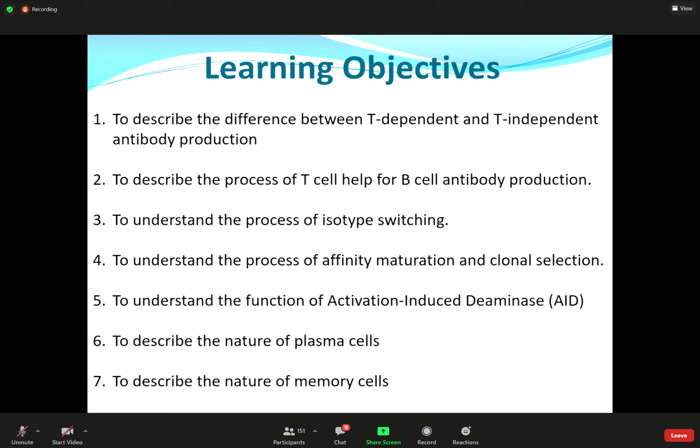The T-dependent antigens are those that produce antibodies as you would get after receiving a vaccine. With help from the T helper cells, in the form of cytokines, they will induce those B cells to undergo isotype switching from IgM into IgG, IgA, whatever, depending on the type of antigen.